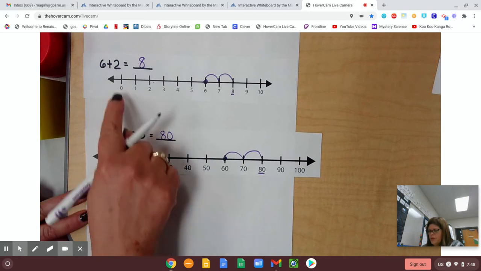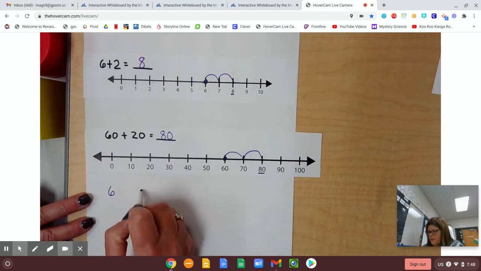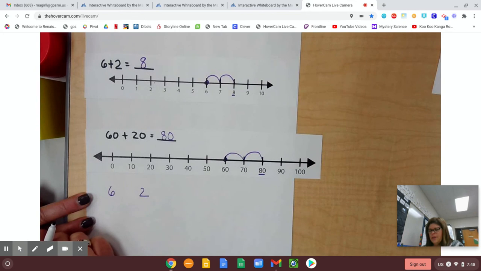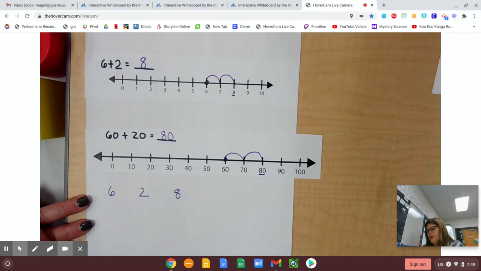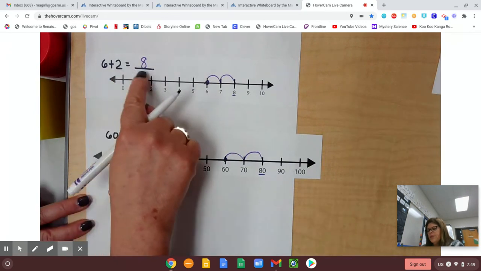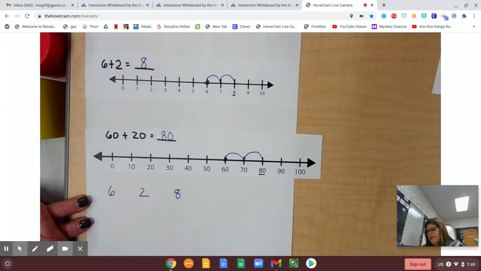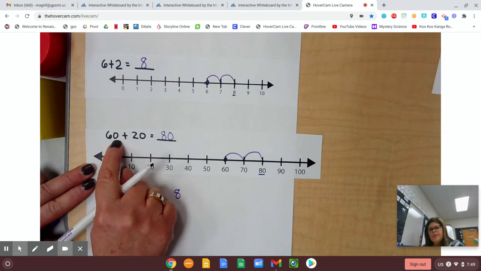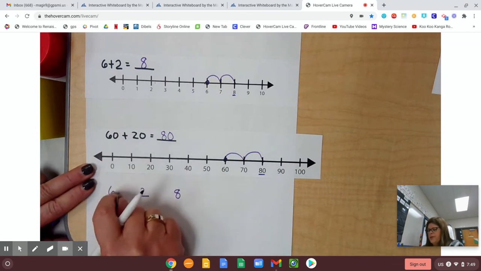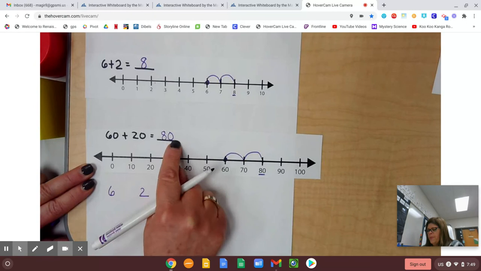And they both had a 2. And the answers both had an 8. Well, 6 plus 2 equals 8. And when we look at this, the 6 is followed by a 0, the 2 is followed by a 0, and then the 8 is followed by a 0.